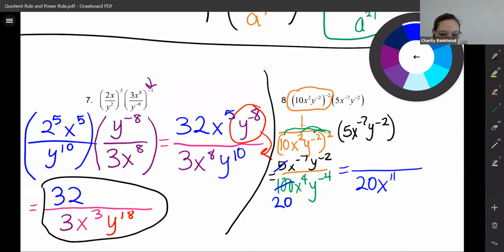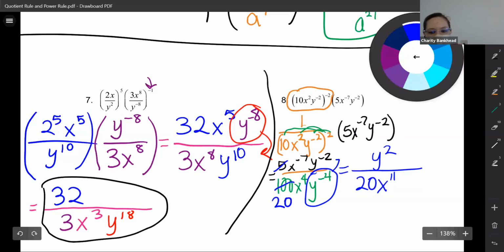And then for the y, that's going to end up as a y to the positive 2 on the top. If you move y to the negative 4 up here, then it's negative 2 plus 4, which is positive 2. So my final answer is y squared over 20x to the 11.